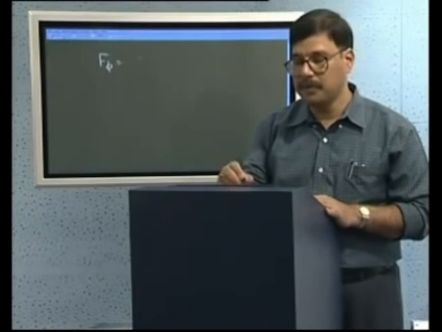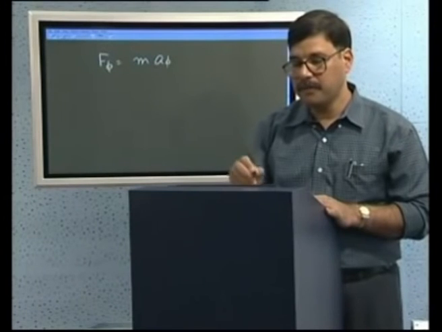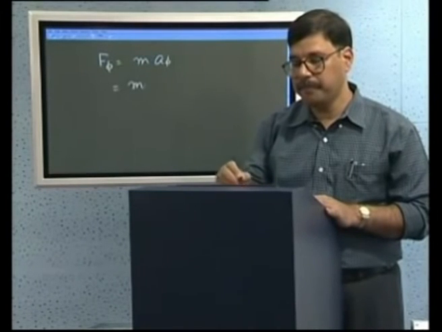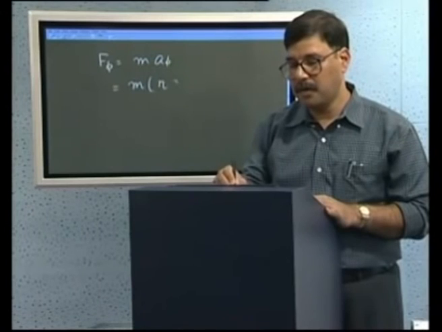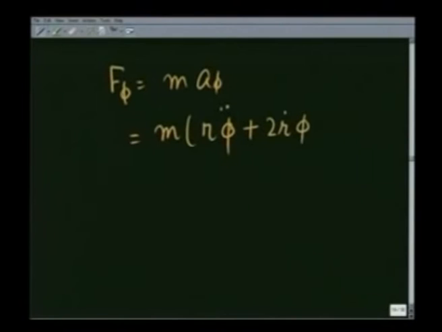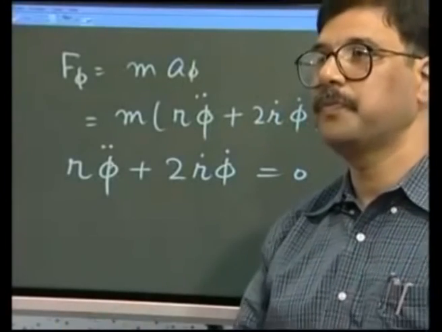On the other hand, since there is no frictional force, there is no force in the phi direction, and therefore I am going to have F phi, which is equal to m a phi, which is equal to m times r phi double dot plus 2 r dot phi dot, equal to 0.